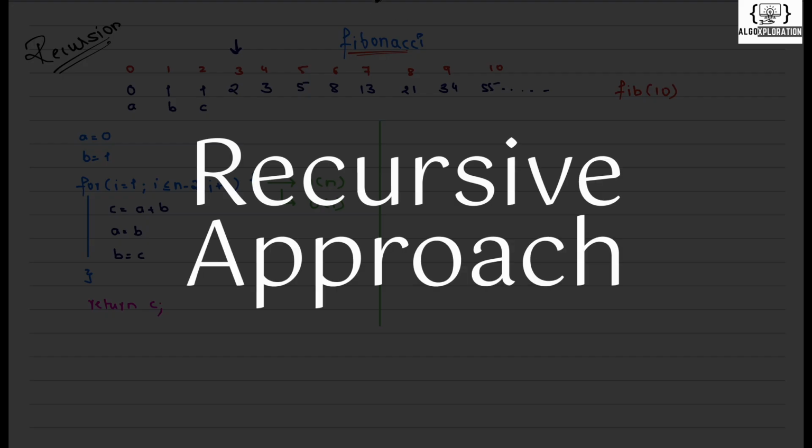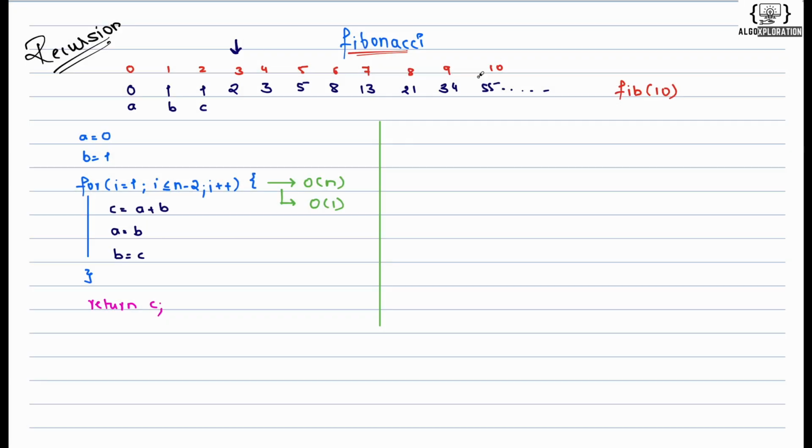If we observe, when we want to find the Fibonacci of 10, let's say, it is nothing but the addition of the previous two numbers, right? 21 plus 34. Similarly, if you want to find the Fibonacci of 7, it is nothing but the addition of the previous two numbers. So let's say I want to find the Fibonacci of 5.